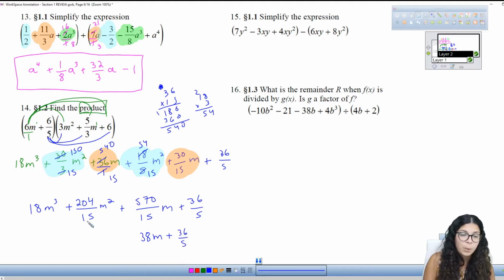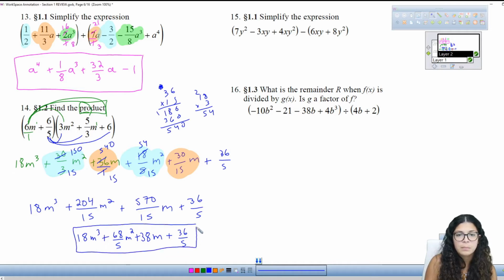And 204 over 15 simplifies to 68 over 5. And that is m squared. And of course, 18m cubed would just be 18m cubed. So that is your result. Right? All right, let's move on to number 15.